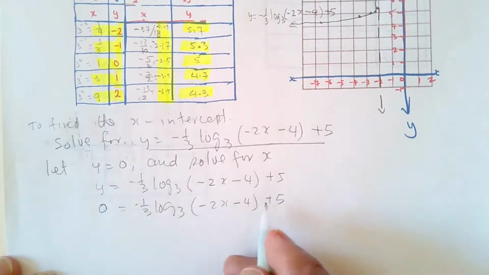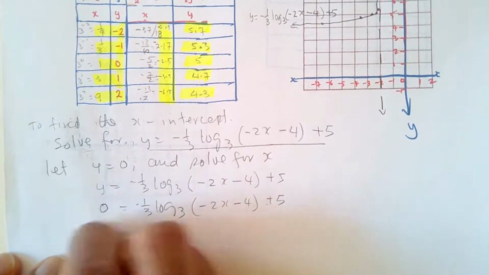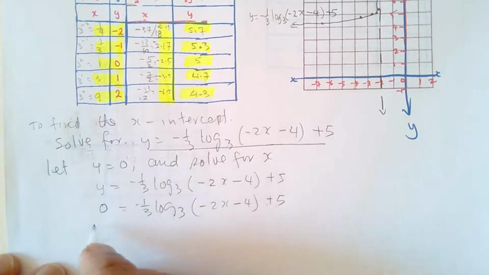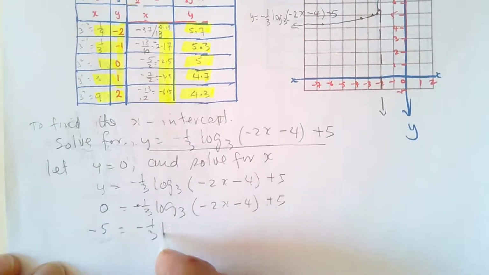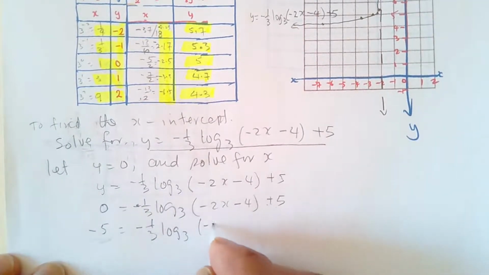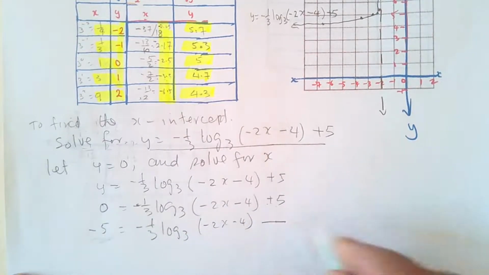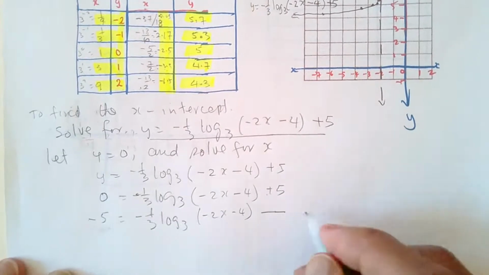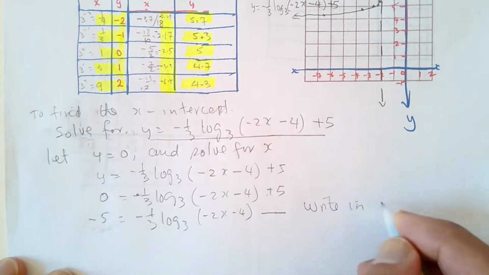Then I move negative 5 over the line, so you have negative 5 equals negative 1/3 log base 3. Then we'll write this now in exponential form.